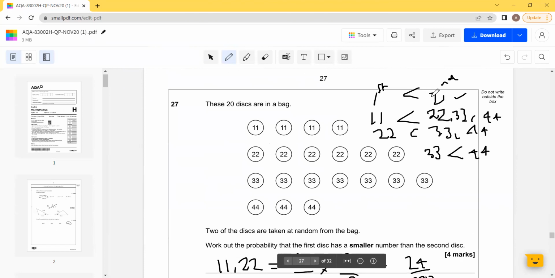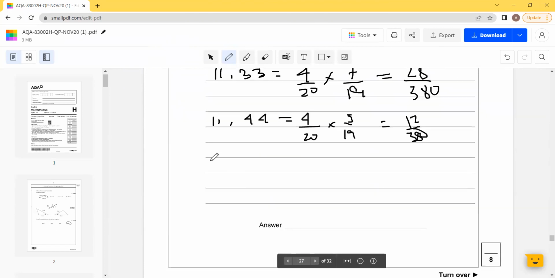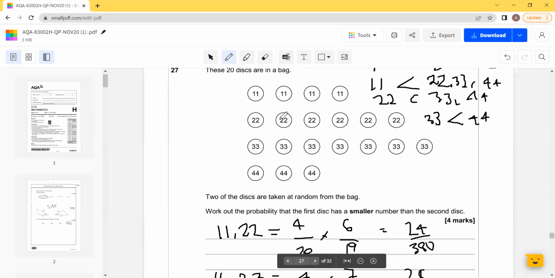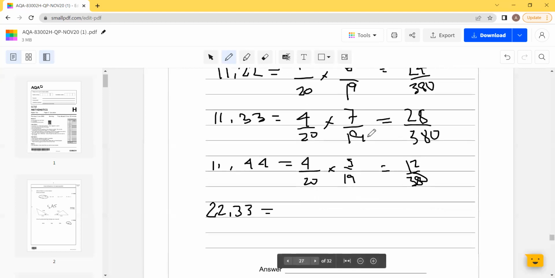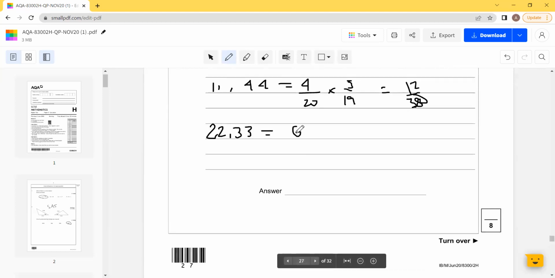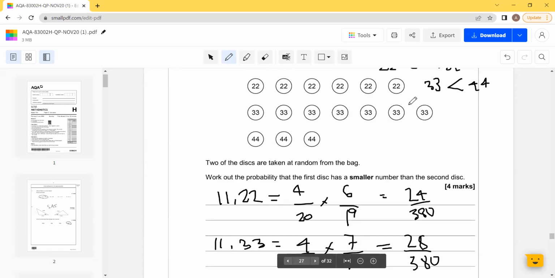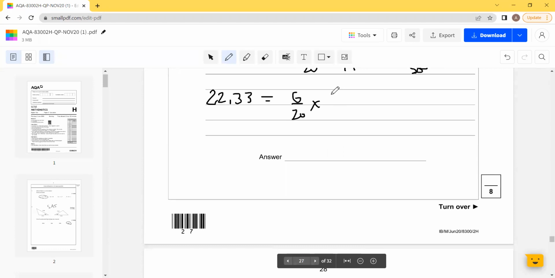Now we have to do the same thing for 22. So the probability of getting a 22 and a 33. How many 22s are there? Well, there's 6. So 6 out of 20. And then the number of discs which have 33, we calculated was 7. So 7 over 19.